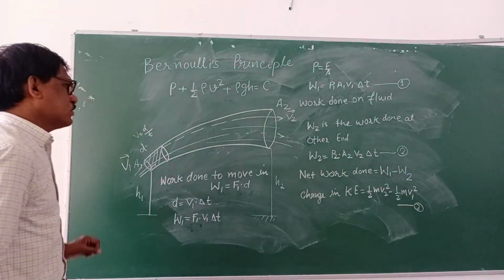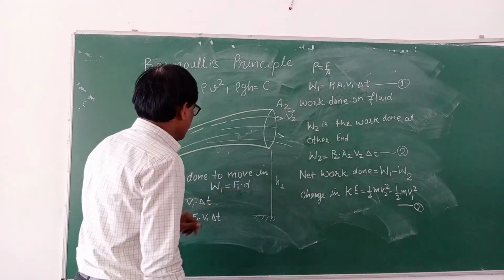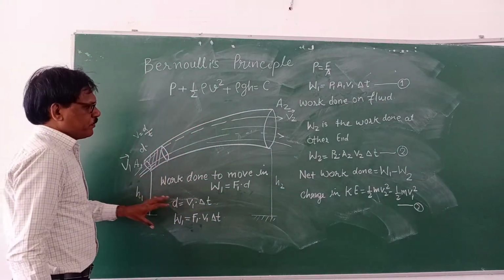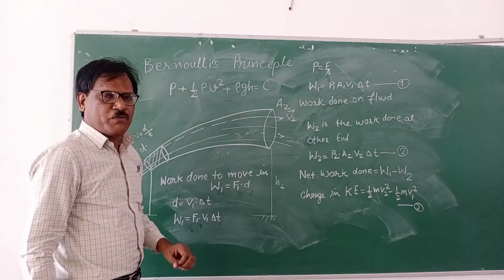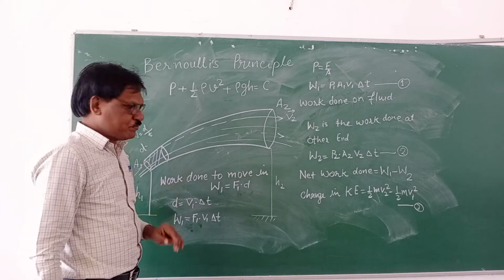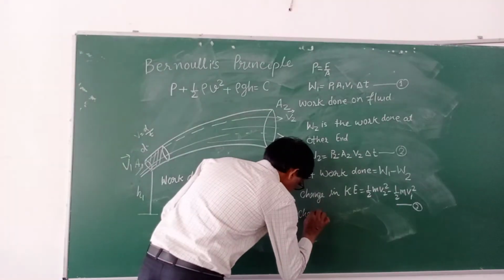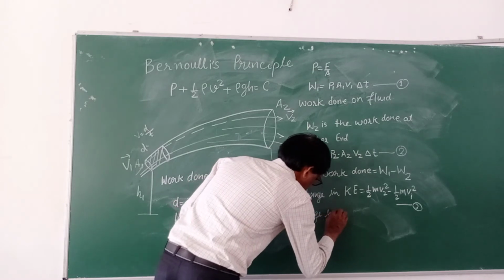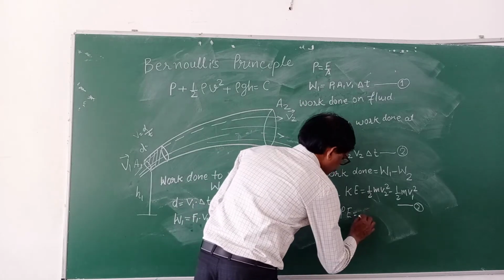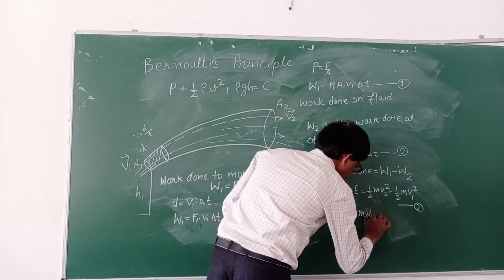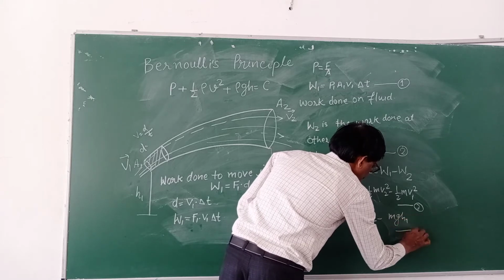Apart from this, the net work done will appear in the form of increase in potential energy. Here height is h1 and here height becomes h2. So the change in potential energy will be mgh2 minus mgh1.